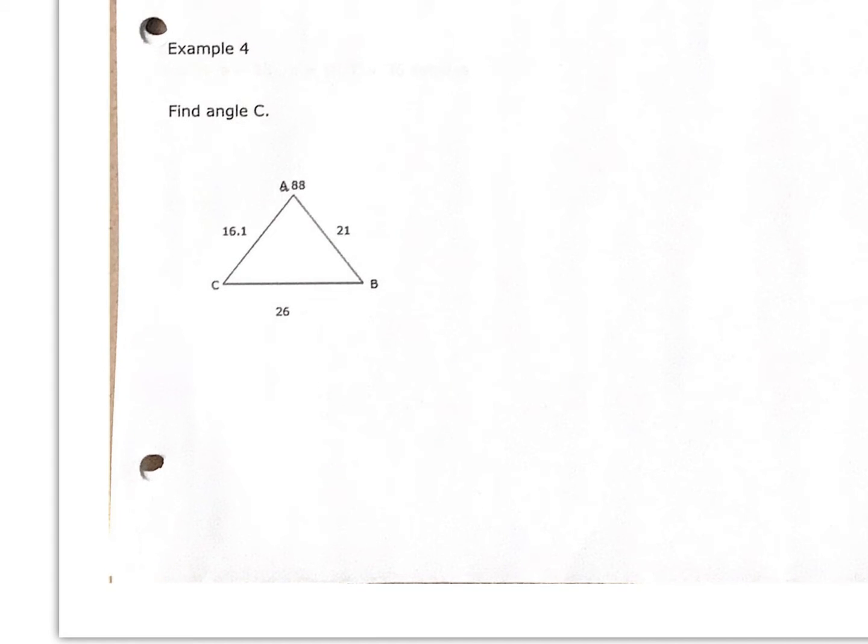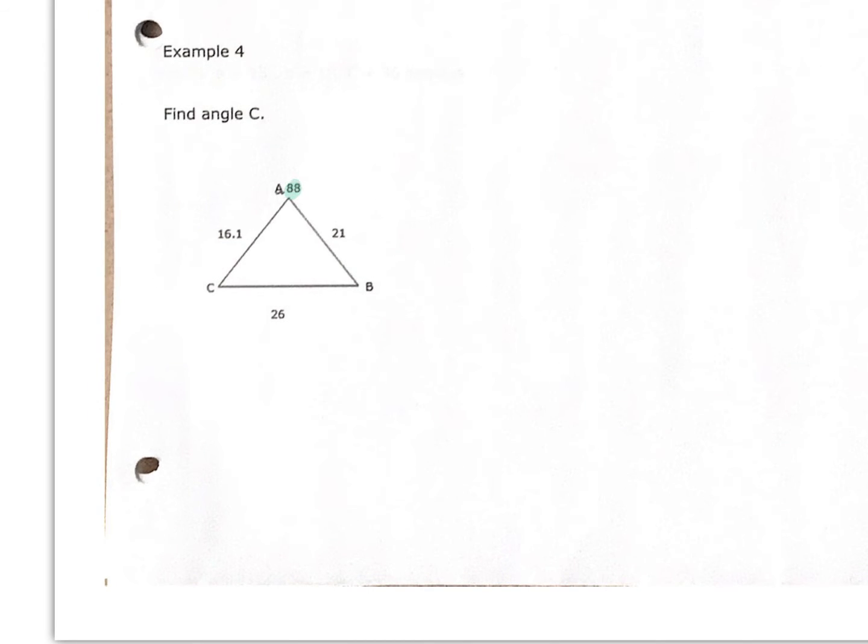I need you to notice you're given more information than you were on these others. We're given this angle measure, and then we have the side opposite. So that's how and why we can use the law of sines. Because we are given the angle and that side opposite, we can still use the law of sines on this. So that's nice, okay?